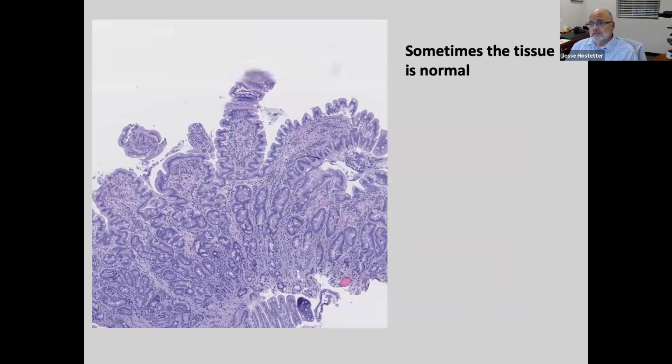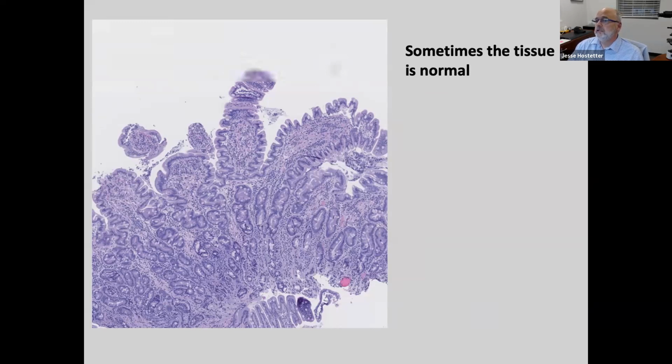Remember, sometimes the tissue is normal. When I was just out of my training program, being a new faculty member at Iowa State, I would look at these slides, three or four slides with lots of endoscopic biopsies on them, and I would think, wow, they took a lot of time and effort to collect these biopsies.